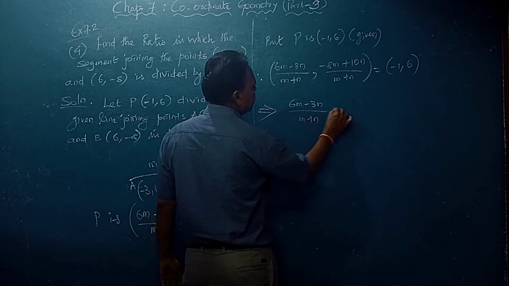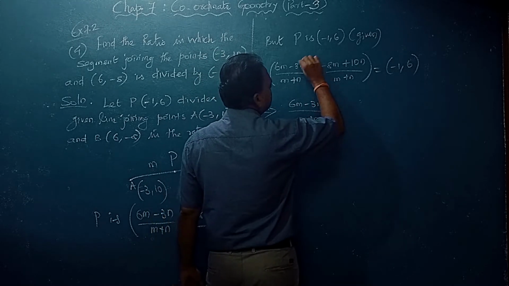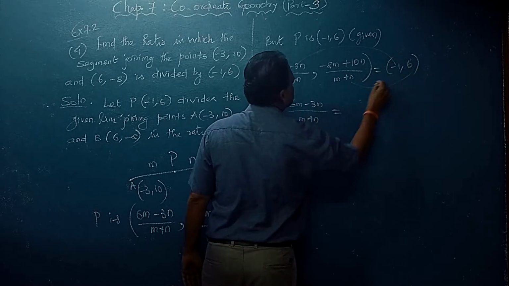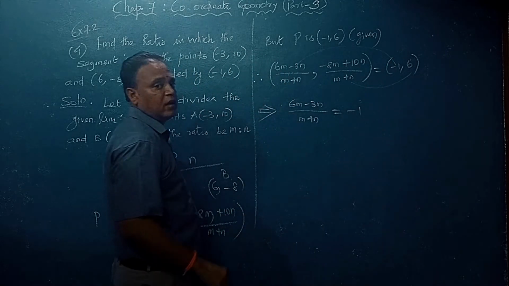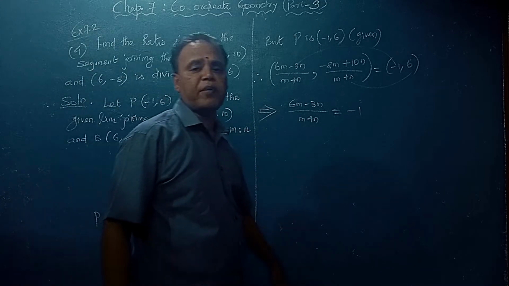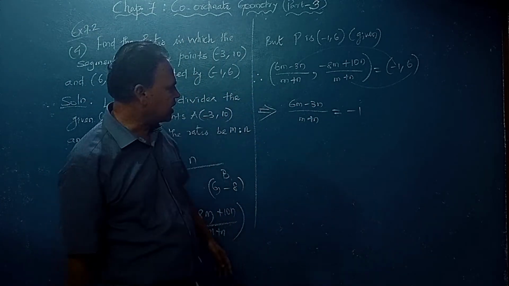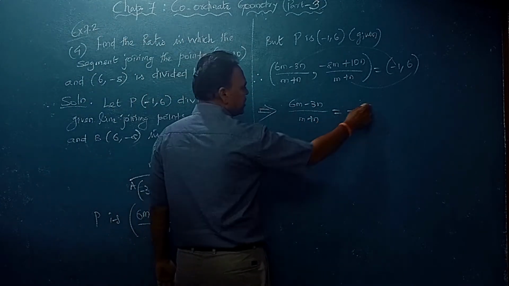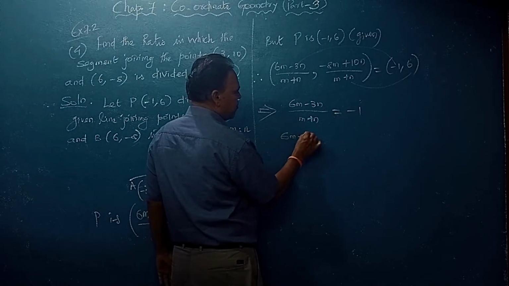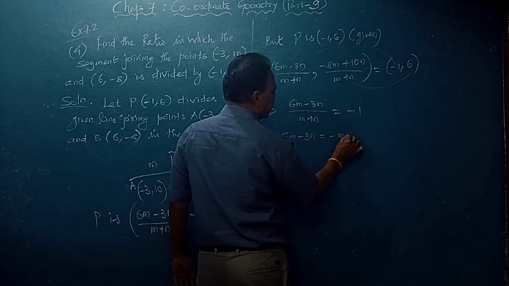Either you equate the x coordinate or the y coordinate. Equating the x coordinate, this equals minus 1. Now using this you can find the required ratio m is to n. Just cross multiply: 6m minus 3n equals minus m minus n.